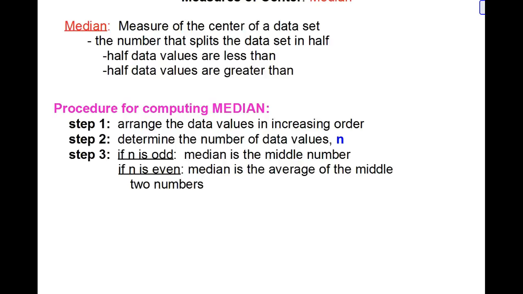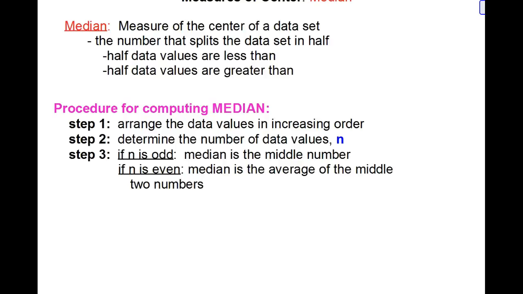When we do this, we are ordering the data values so that we can find that middle value. Step number 2 is to determine the number of data values, n. Recall that n means the sample size. So how many data values are there?